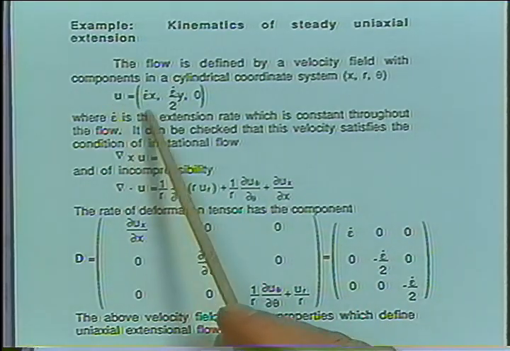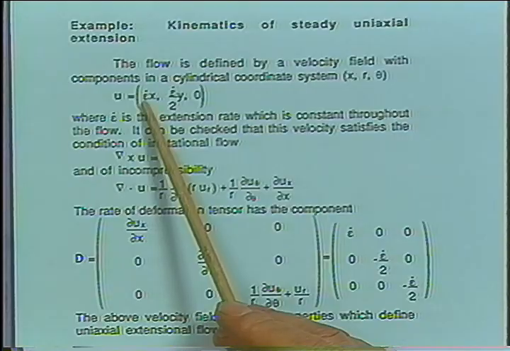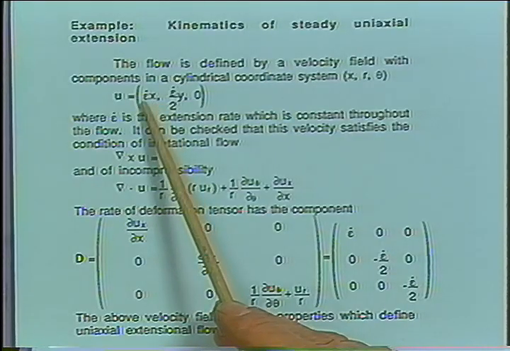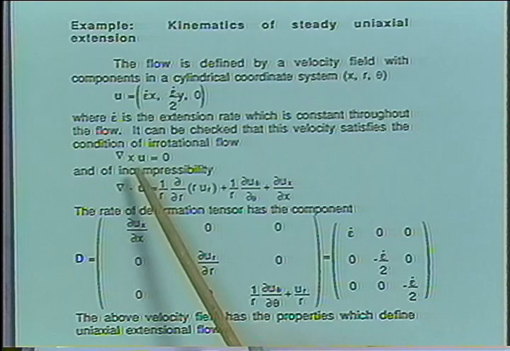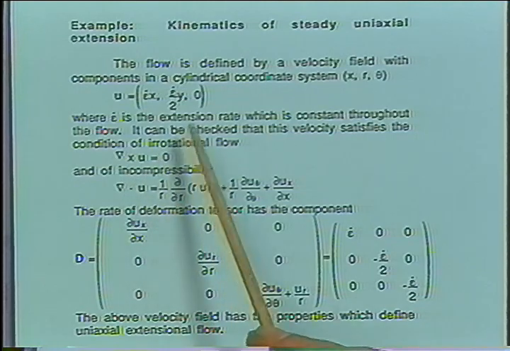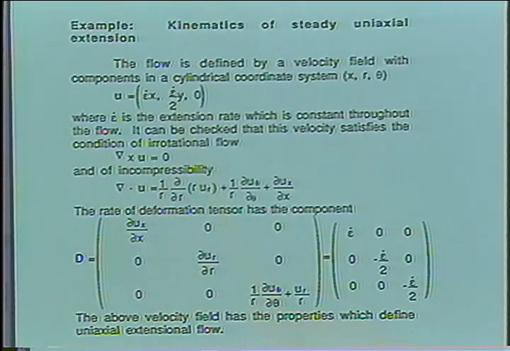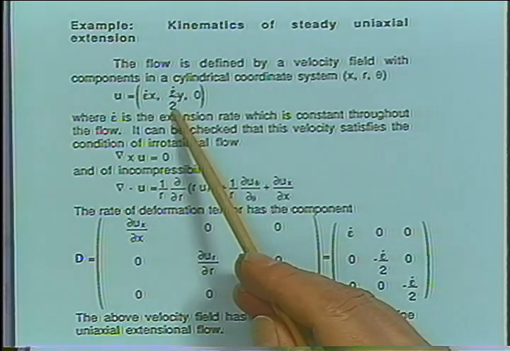The velocity field is given by one parameter, the extension rate. Away from a stagnation point, the velocity is just given by the distance x from the stagnation point times this extension rate. The stretching in the r direction is given by this, and the stretching in the second direction is given by this.